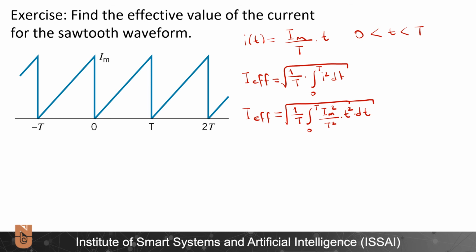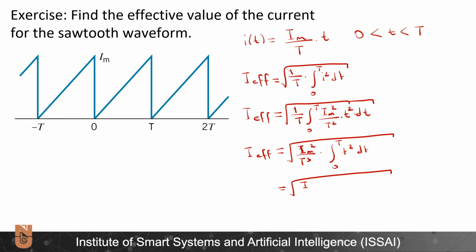Let's expand this a little bit. And I can take all of these terms which are constants out. So accordingly I have again the square root, I effective is equal to 1 over T to the third power. Here I have Im squared integral from 0 to T of t squared dt, and this is equal to, again inside the square root, Im squared divided by T to the third power times T to the third power divided by 3.